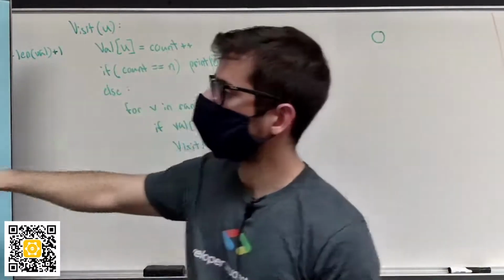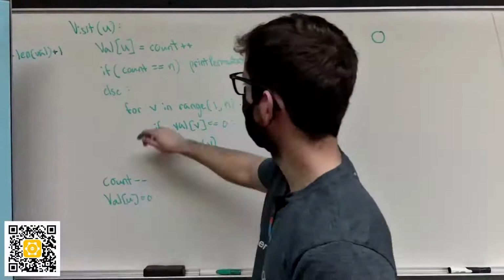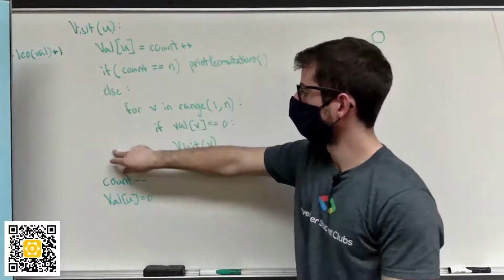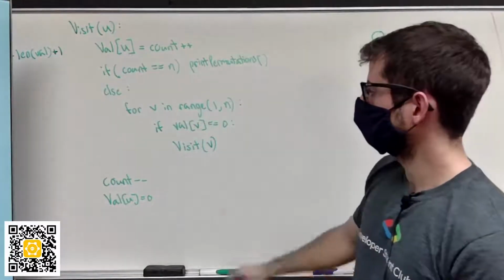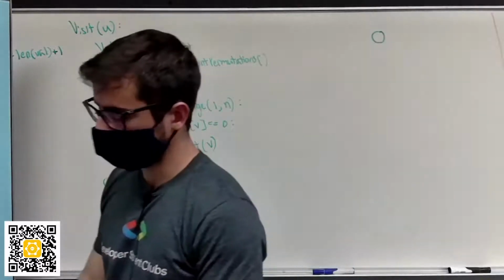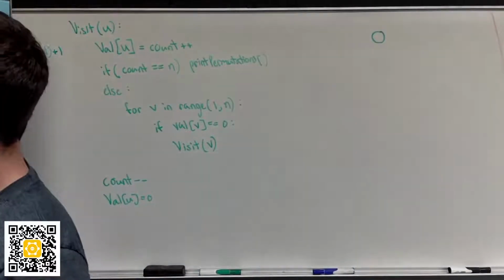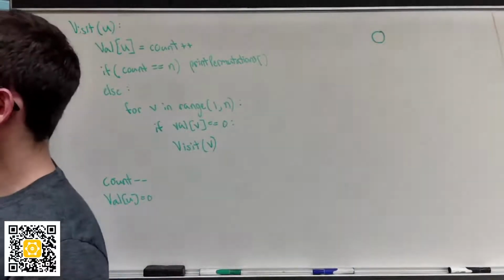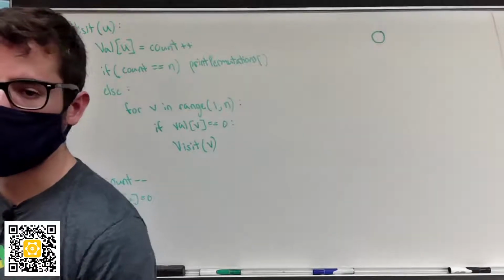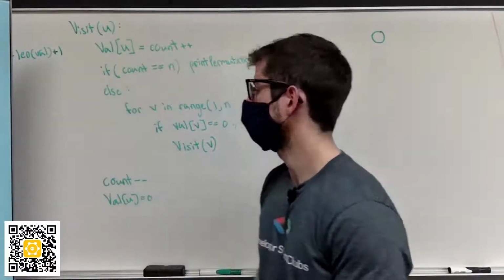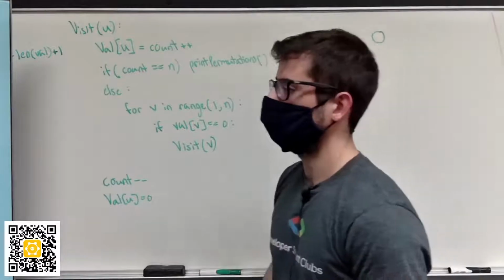Now this 2, it did this part already, as you can see right there, because at position 2, it set it equal to count, which is 2. Then it hits the else. It goes through the for loop one more time. It's going to check if at index 1 there is a 0. There isn't. How about index 2? There is not. How about the third index? It is a 0, so we have not yet updated that position. So let's do that by recursively calling this function.